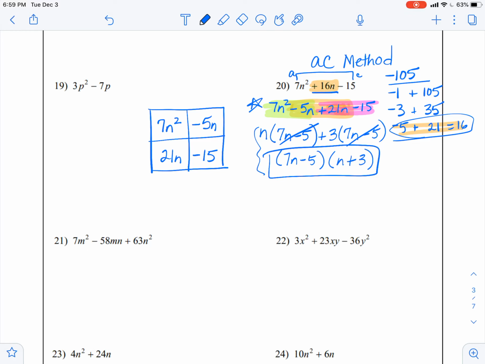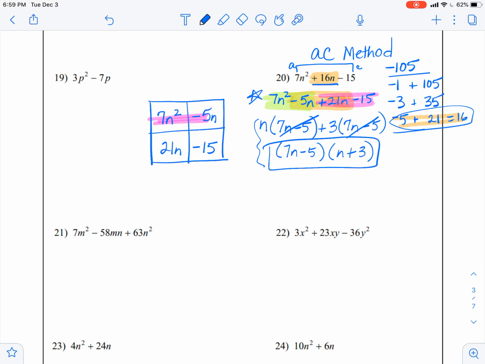So here's what you do. All you got to do is look across here. So now I'm looking this way, and I'm saying, what do these 2 have in common? And they have an n in common. Let's go ahead and go to the next one.